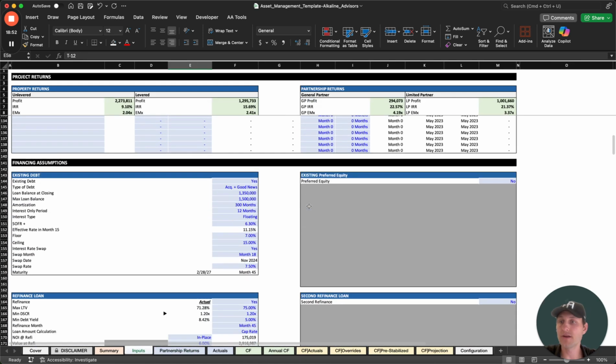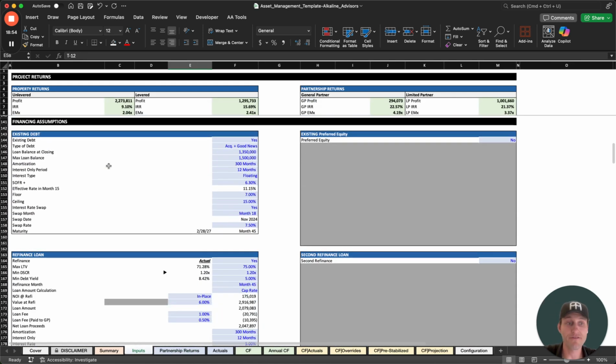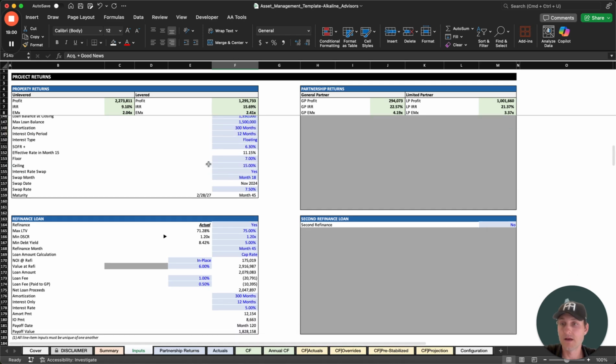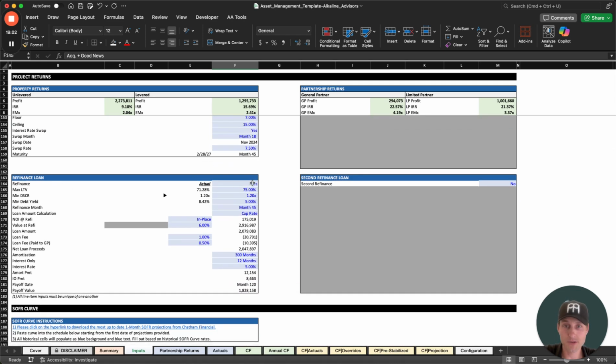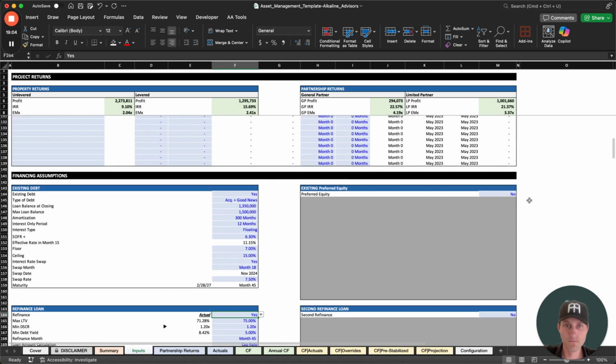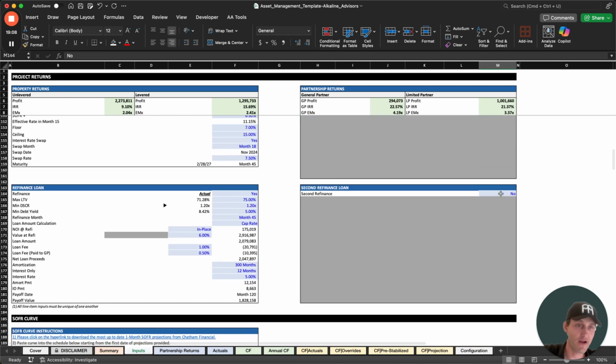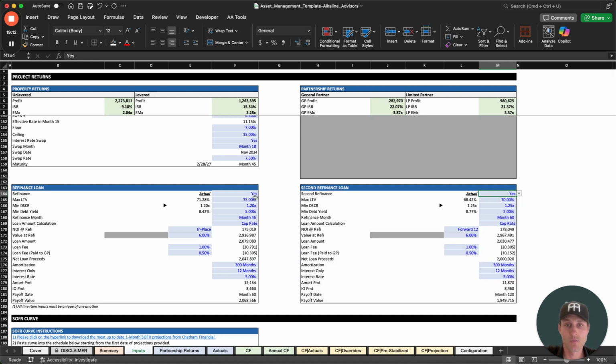And then underneath that, we have the financing assumptions. And on the financing segment, we have existing debt. If there is existing debt, you'd load it in. We have refinance opportunities. We have existing preferred. And then we have second refinance if there is. And you can toggle all of these on or off. We've got minimum debt service coverage ratios.